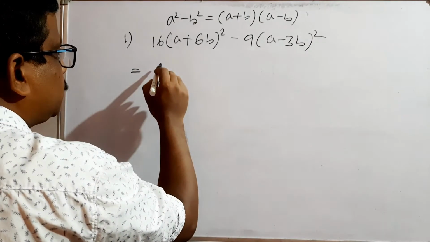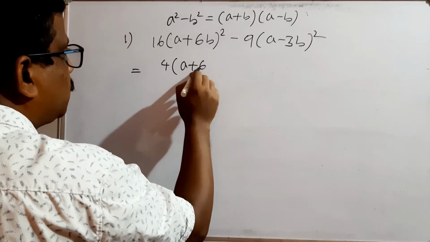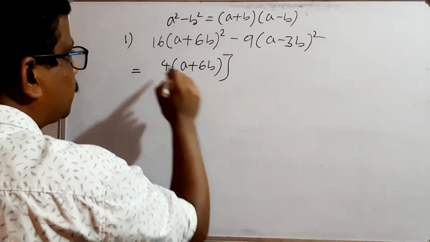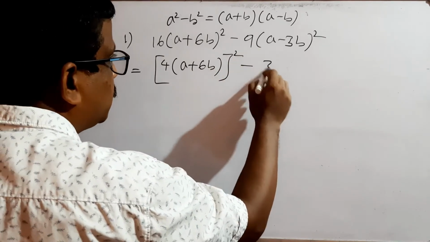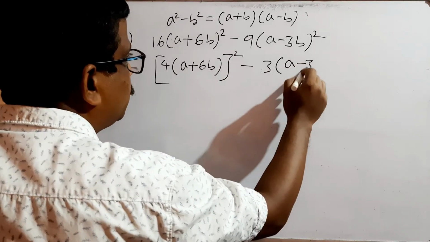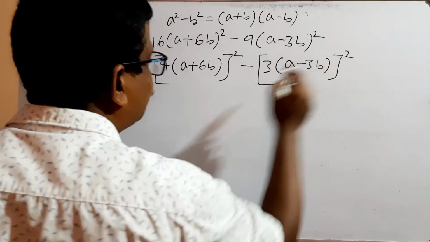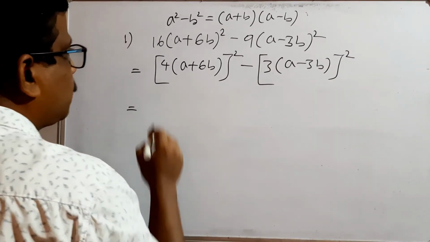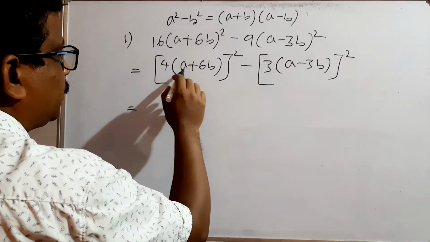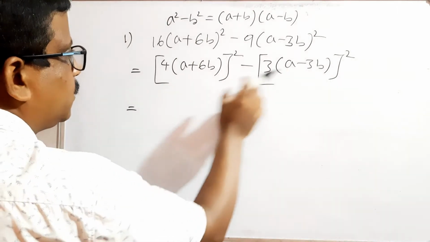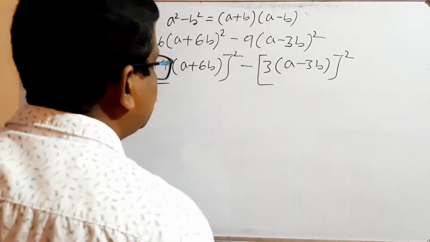So 16 is the square of 4, so 4 into a plus 6b whole square, minus 9 is 3 square, so 3 into a minus 3b whole square. Here 4 into a plus 6b is a, and 3 into a minus 3b is b. So this is a square minus b square form.